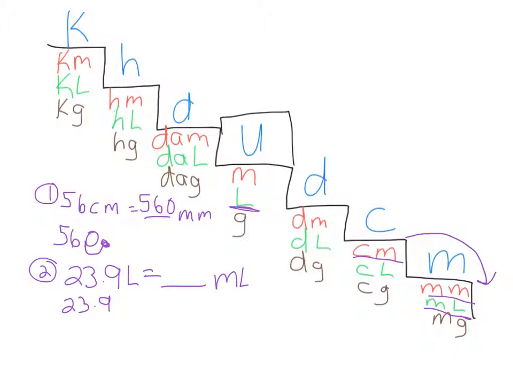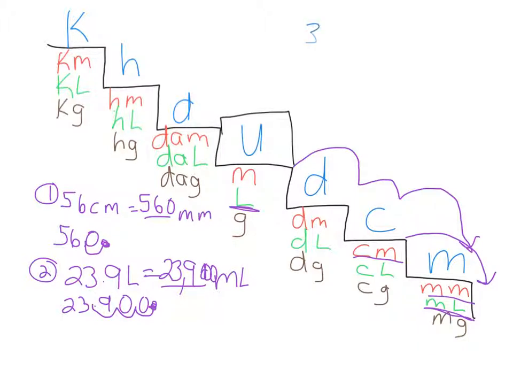And so I am here, so I need to go down the stairs. So I'm going to go down 1, 2, 3 stairs to get to my milliliters. And so I would move the decimal 1, 2, 3 times, and I would fill these spaces in. So I would have 23,900 milliliters. So we're using the staircase of King Henry to help us convert metric units.